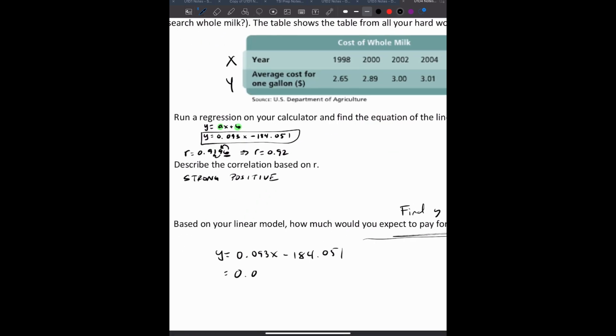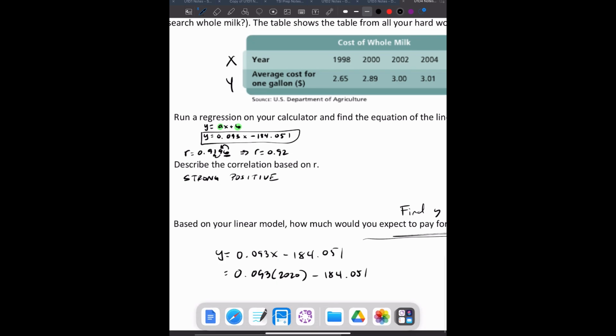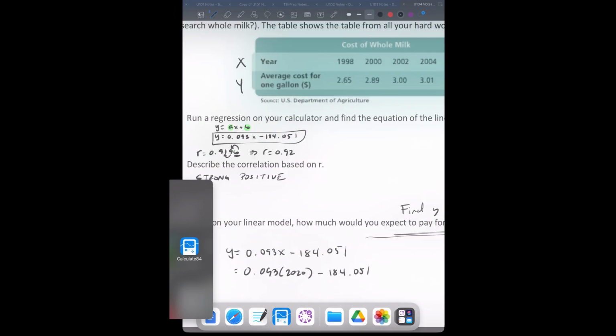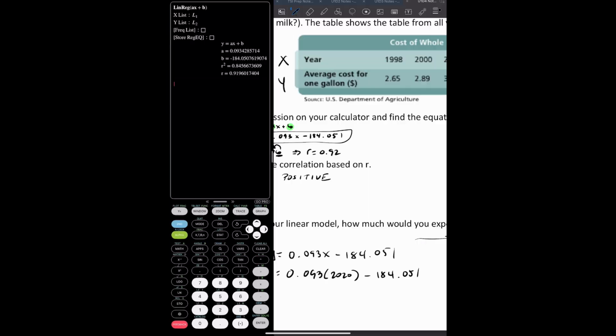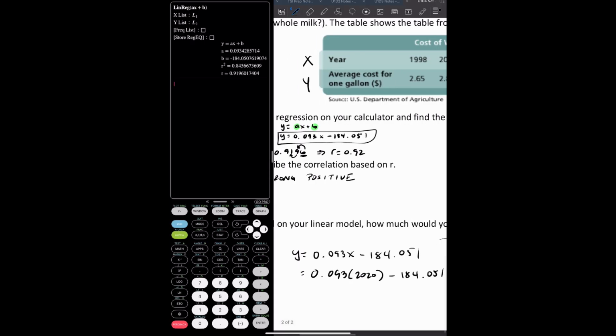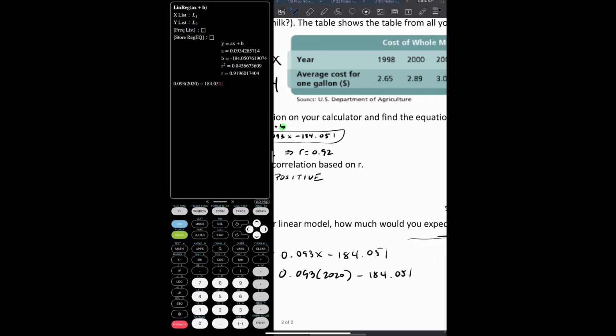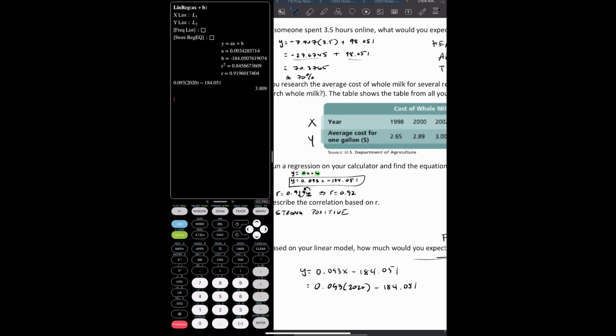So 0.093 times 2020 minus 184.051. I'm going to use my calculator to figure out all this. So 0.093 times 2020 minus 184.051, and I have 3.809.